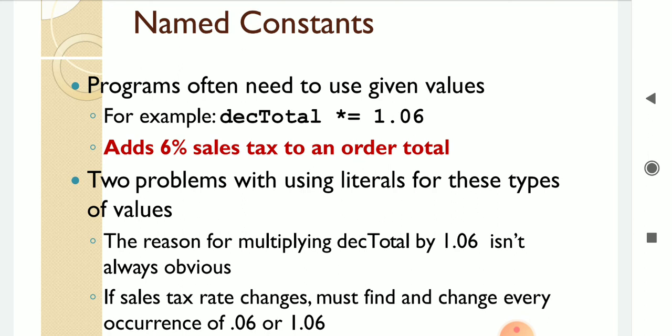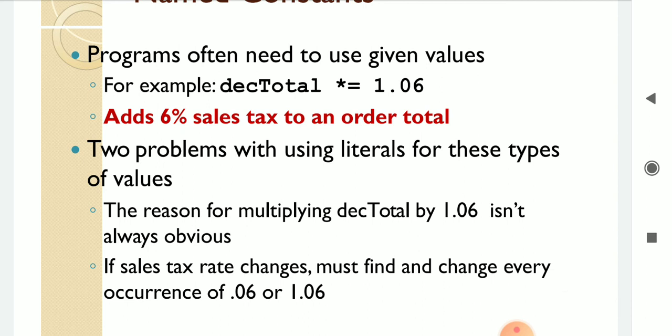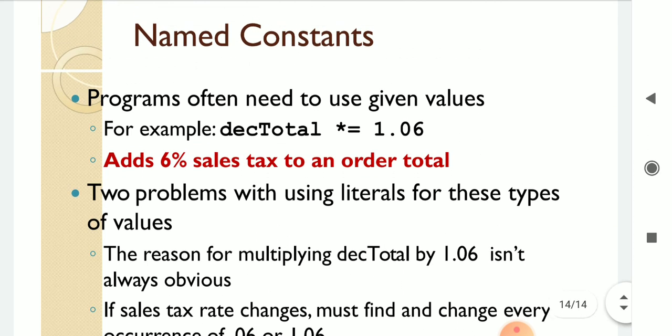That means the DEC total variable will automatically be multiplied by 1.06. If you put plus equal to, then the value in the DEC variable will automatically be added to 1.06. So this is an operator which you are using in combination here.